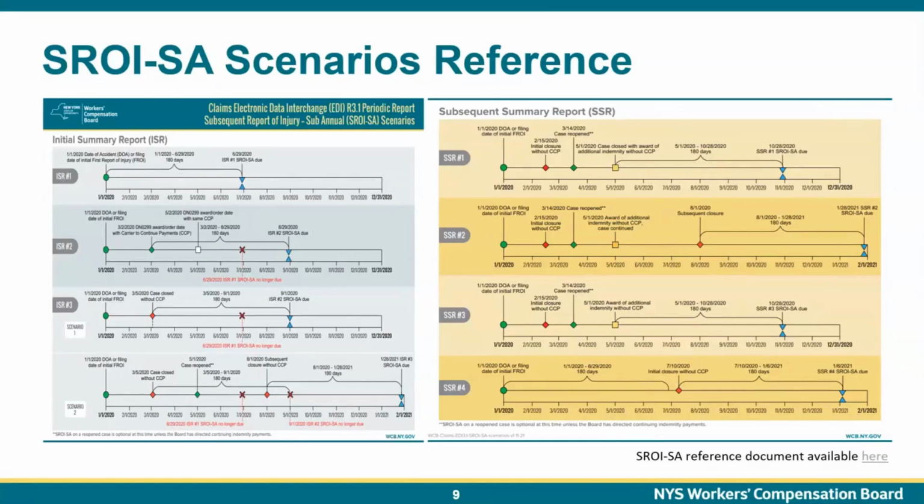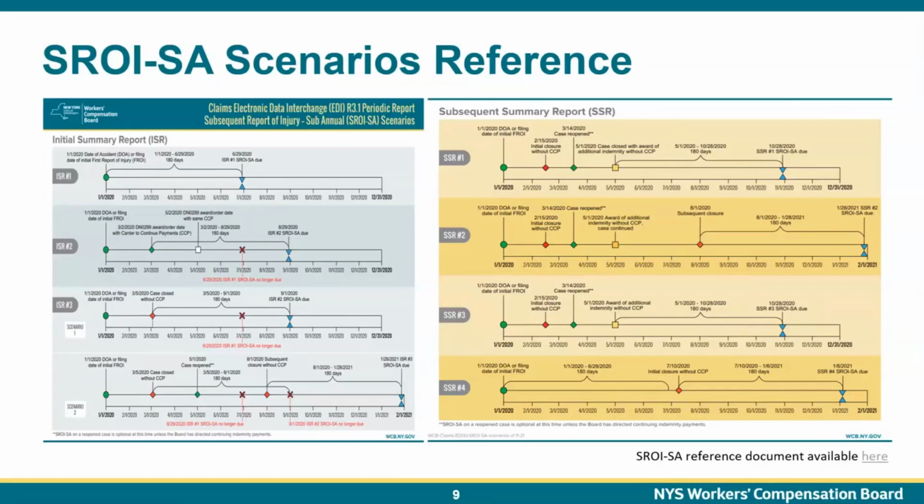So in that case, the Troy SA was due on January 28th of 2021. In the next scenario, number 3, we again had a case that we had originally closed, got reopened right away, and then had another decision right away, and it was closed without continuing payments. In that case, again, that 6 months is based on that most recent award.